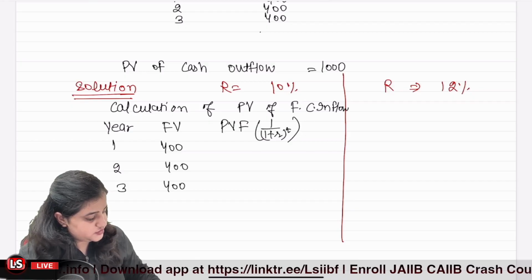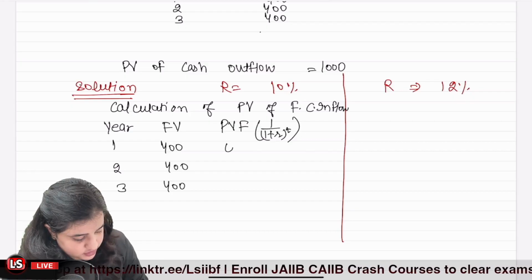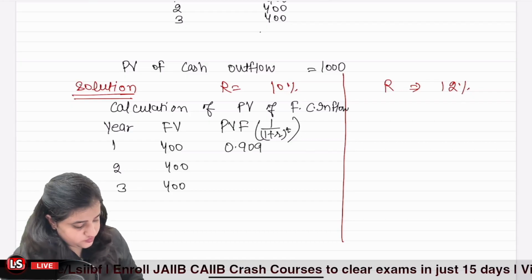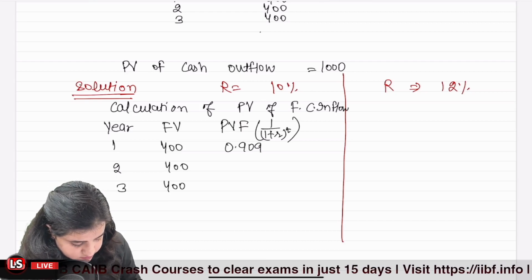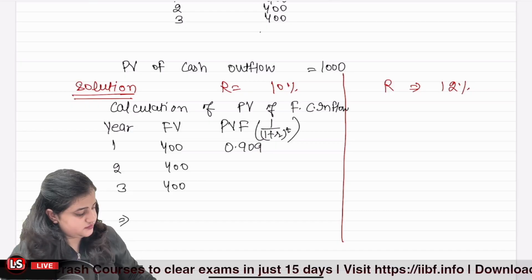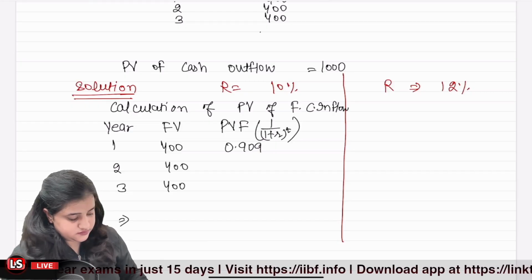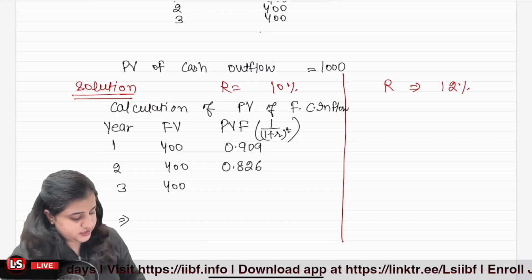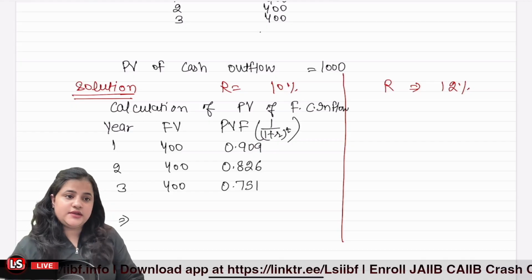For year 1, the discounting factor will be 1 divided by 1.1, that is 0.909. And for year 2, my discounting factor will be 0.826, and for year 3 it will be 0.751, right?